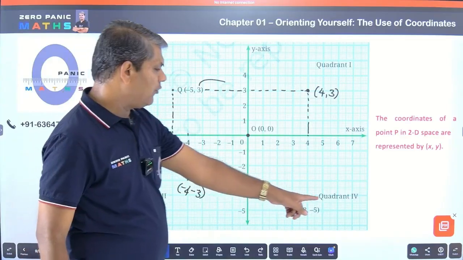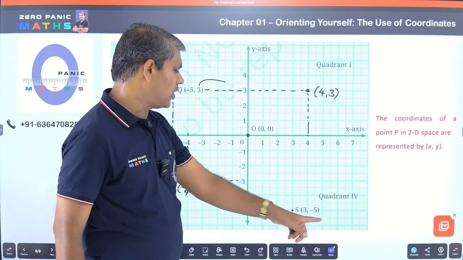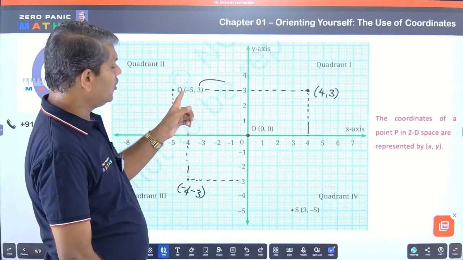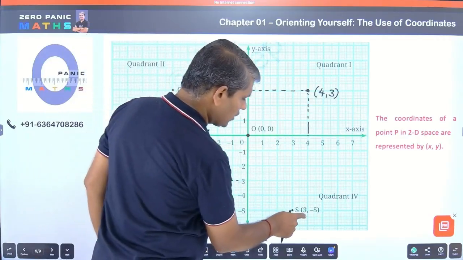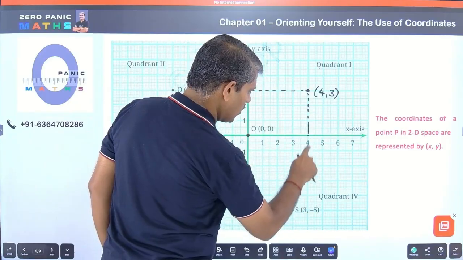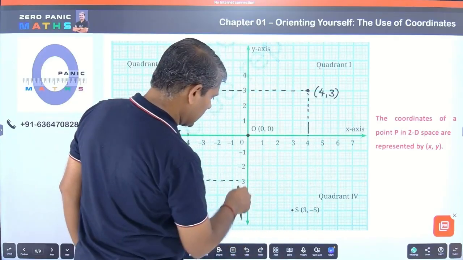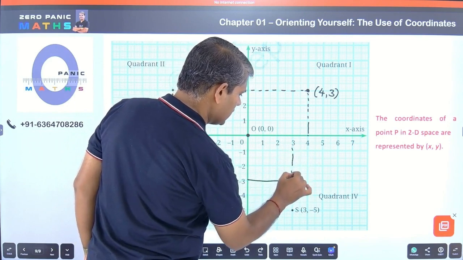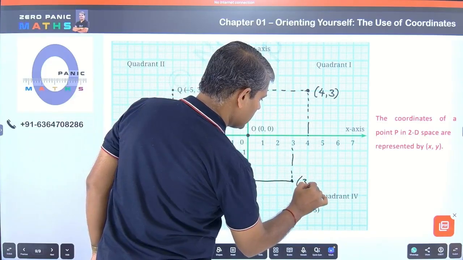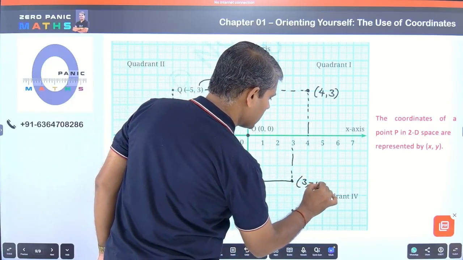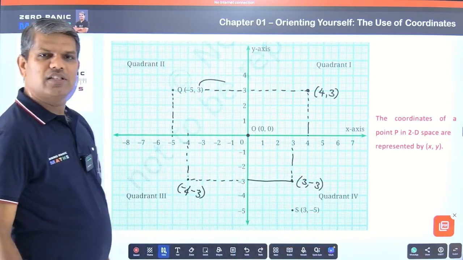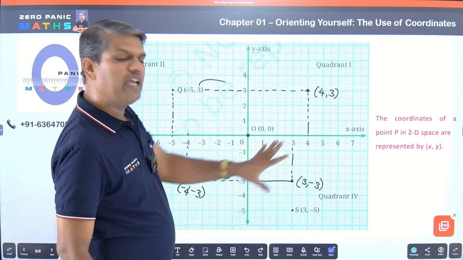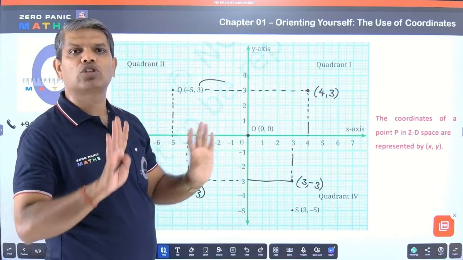Okay. And in quadrant 4, it is contrary to quadrant 2: the x coordinate is positive, but the y coordinate is negative. Suppose this is the point. Then the x coordinate is 3 and the y coordinate is -3. You understood this? Simple definition. By looking at the plane itself, you can see that in quadrant 1 both are positive.